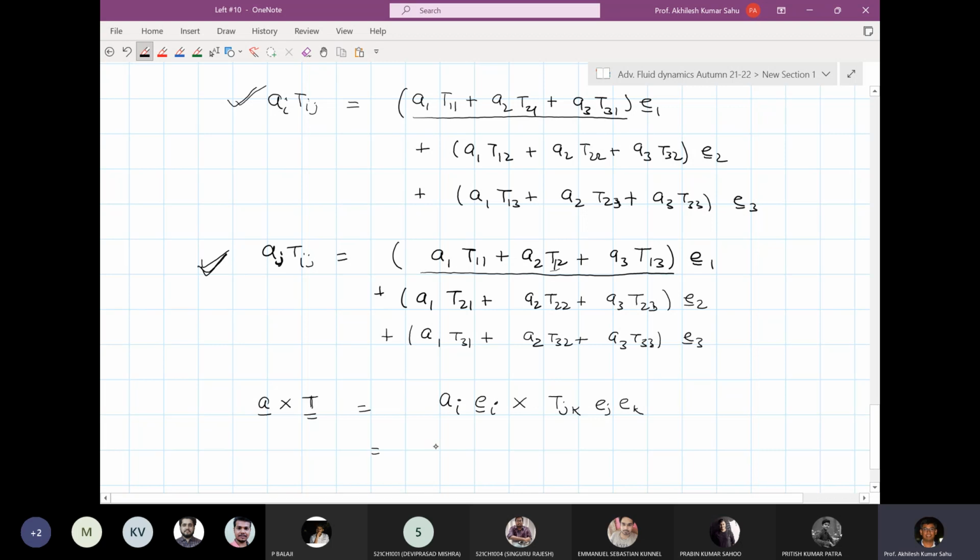So this I can write as A_i T_jk. They are scalar components, right? So I can move them to the front, and then e_i cross e_j e_k.